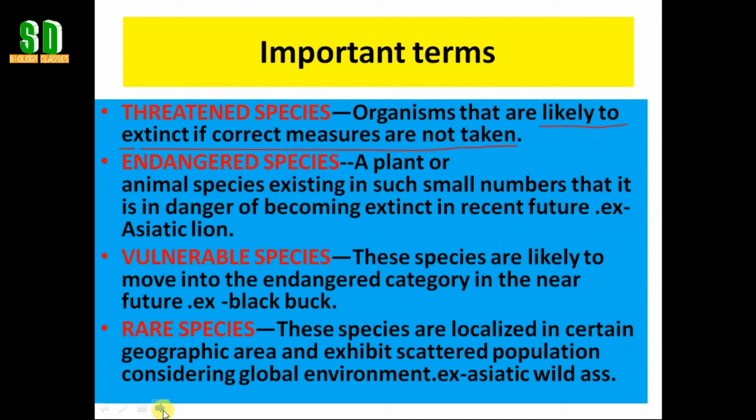And rare species: these species are localized in certain geographical regions or areas and exhibit scattered populations considering the global environment. So these are the three different levels of threatened species: endangered, vulnerable and rare species.